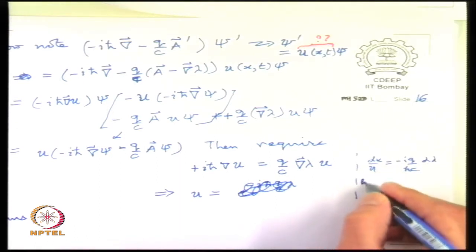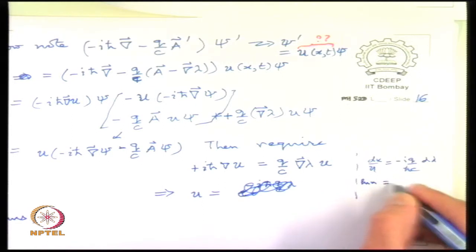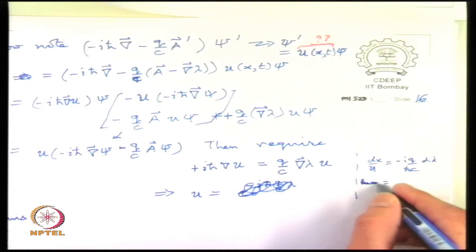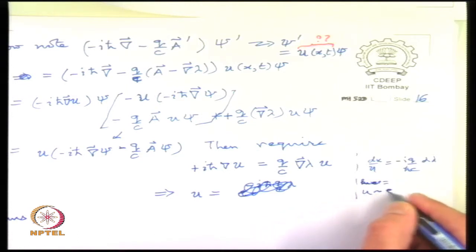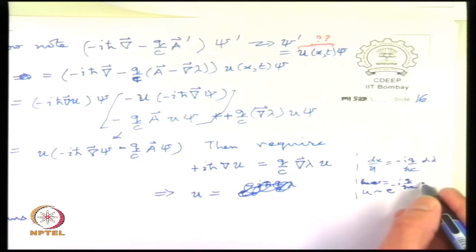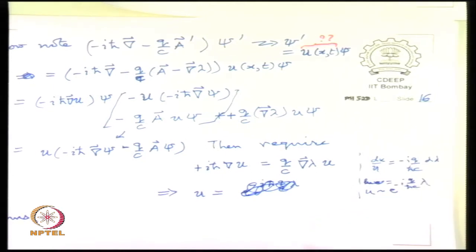So ln u equal to this times lambda. So u equal to e raised to minus i q over h cross c times lambda. Good. So this was correct, except that the sign and placing of h cross were not correct.